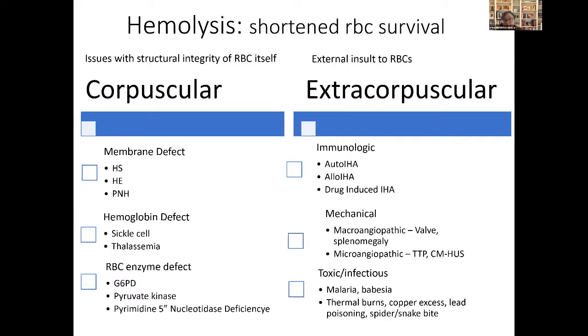A less common category of hemolytic anemia is toxic or infectious, and that includes infections such as malaria and babesia, and in addition, thermal burns, copper excess and lead poisoning. And spider and snake bites can cause hemolytic anemia as well. So this is kind of an overview of the hemolysis.